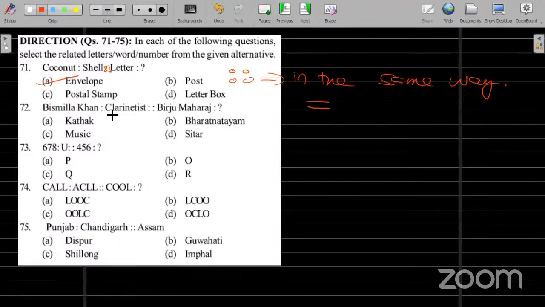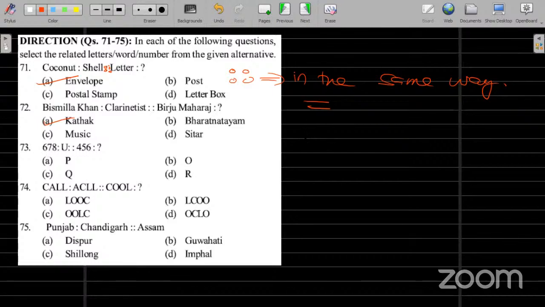Bismillah Khan is a clarinetist and Birju Maharaj is a Kathak dancer. Then, 678 is related to U, 456 is related to what? 678 means 6 plus 7, 13 plus 8, 21.